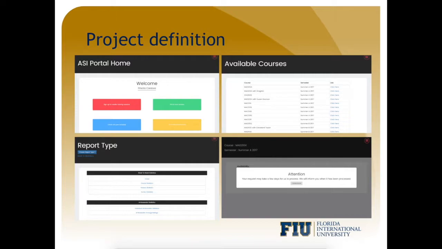The purpose of our actual capstone project was to do two main objectives. Based on research that we had done, we found out that ASI had issues with the usability of being able to do simple tasks like registering for courses and being able to determine whether they were actually in the site.